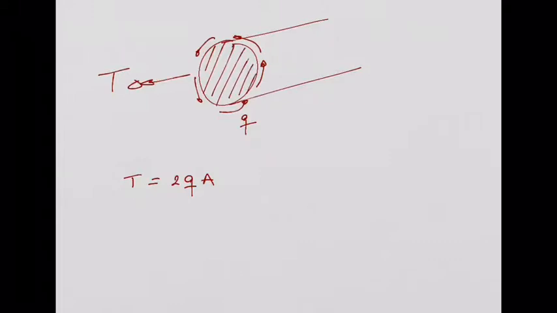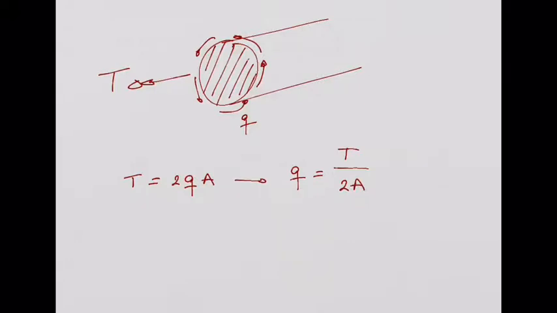Remember this? I even gave you an example where you knew the torque, and I asked you to calculate the shear flow. So we only had to do this to calculate the shear flow, quite simple. But this is not enough.